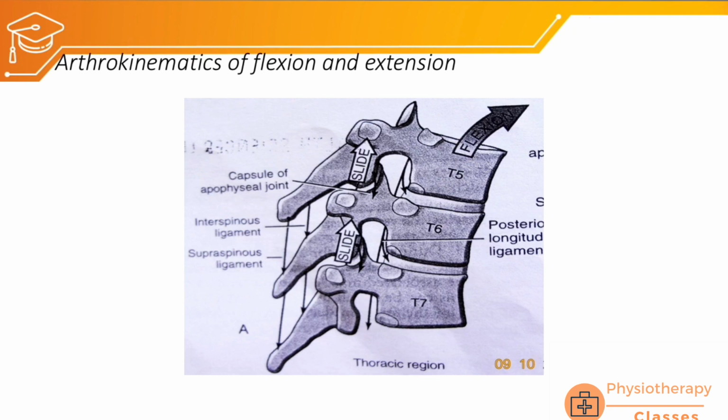It was superiorly and anteriorly. Similarly, here also during flexion of the thoracic vertebra, the inferior articulating facet of the superior vertebra will slide superiorly and anteriorly on the superior articulating facet of the inferior vertebra.